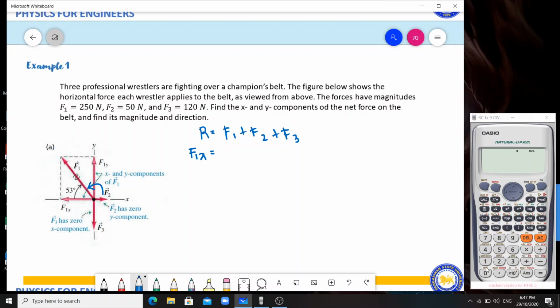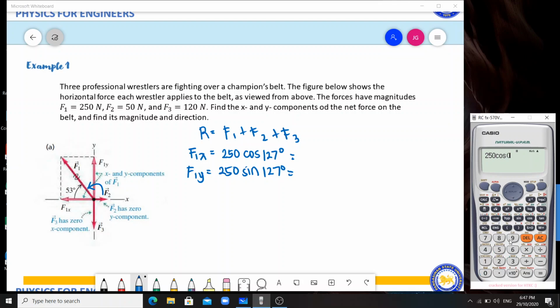So 180 minus 53 is 127 degrees. F1x is 250 newtons times cosine 127 degrees, and F1y is 250 sine 127 degrees.